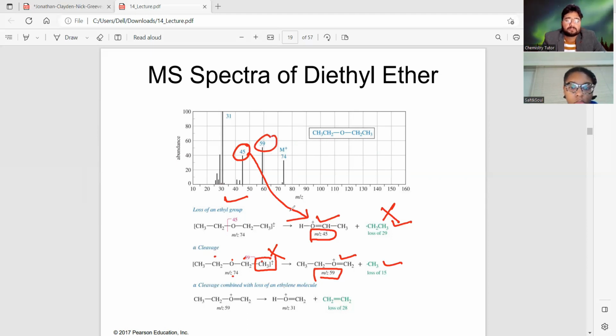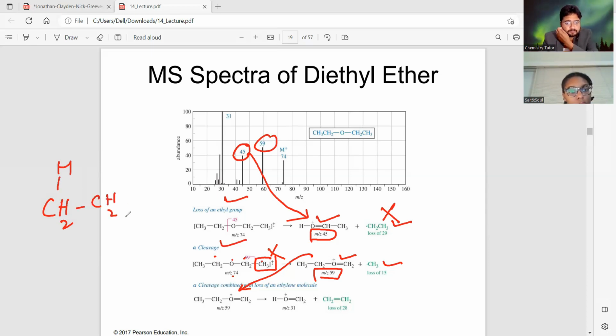This is the fragment. And the last one is alpha cleavage combined with loss of an ethylene molecule. In this fragment, let me write this one, CH3, CH2, here is CH2, and here is oxygen double bond CH2.